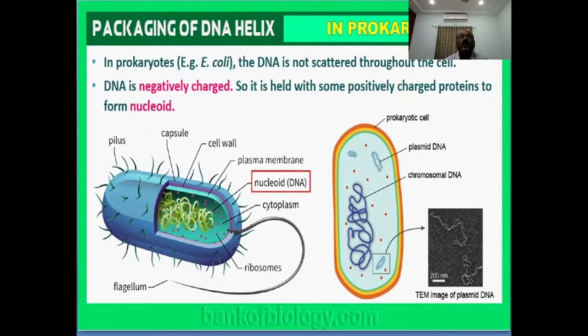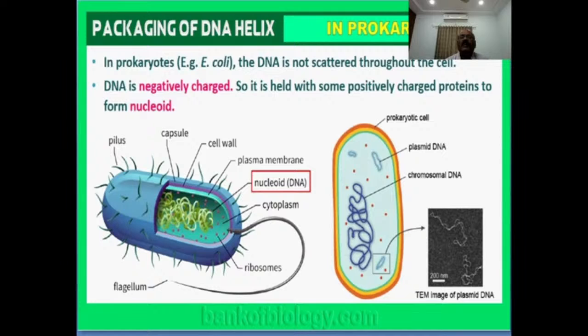In prokaryotes, that means in some of the organisms, a conspicuous nucleus is absent. That means there is no nuclear envelope. Such cells are called prokaryotic cells. These prokaryotic cells are phylogenetically primitive.